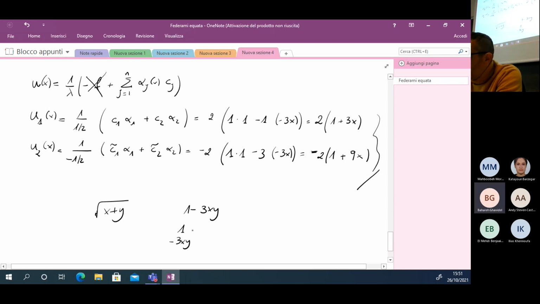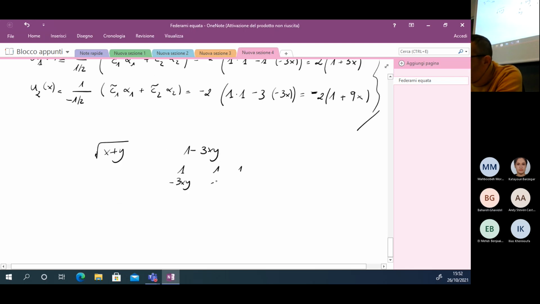Yeah. 1 can be expressed as the product of two functions, one function of x and one function of y, which are 1 and 1. Even if they are constant, I can say that this is a function of x and this is a function of y, in which the functions are just constant. And this other one can be written as the product of a function minus 3x times a function y.